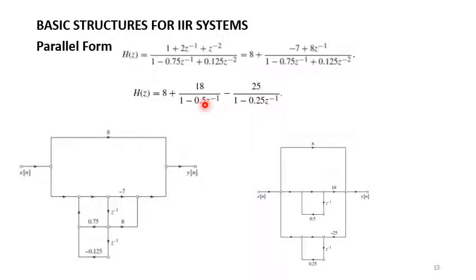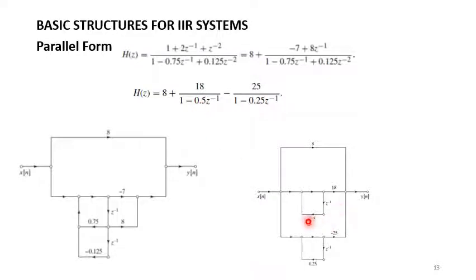Again, we can represent this equation. If we represent this equation, then we can see that we have 3 terms here. The first term is simply scaling, so that's x of n, and that's scaling, and it is summing here. Again, the second term, so that's the scaling. Then for the poles we have delay and scaling by 0.5.